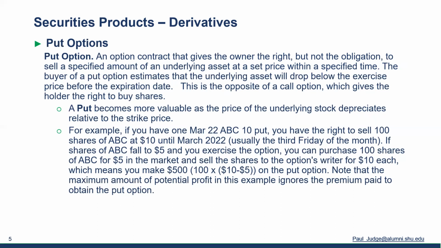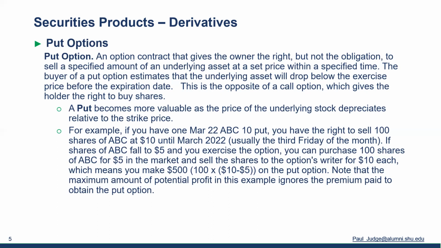So here's an example, and I got lost the last time I tried to go through this. If you have a March 2022 put option that gives you the right to sell ABC stock, 100 shares at $10, that's what this is. You have the right to sell, to put.